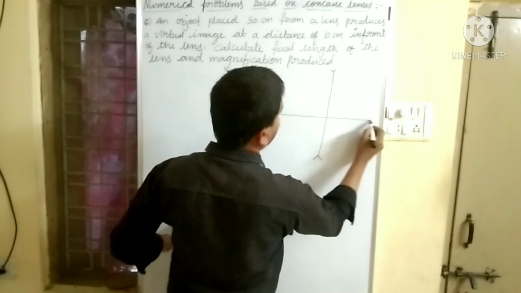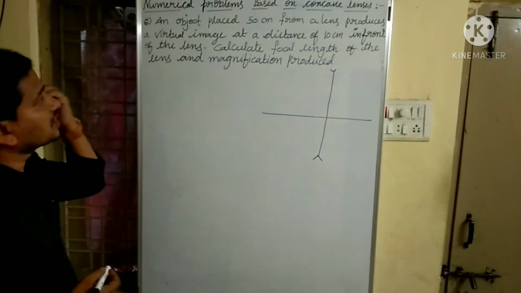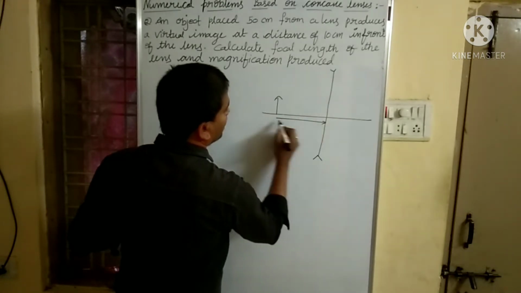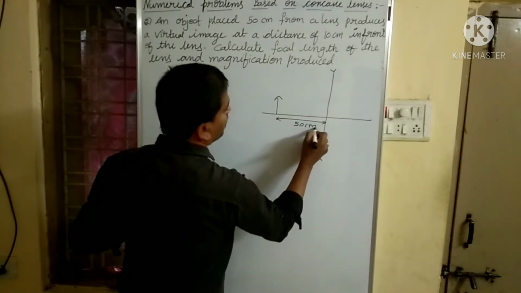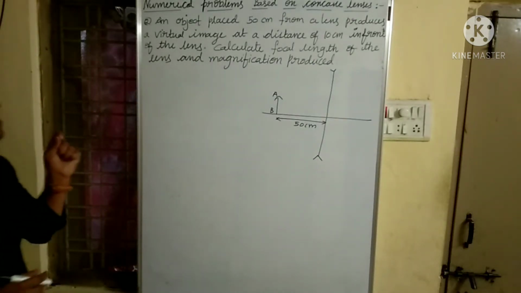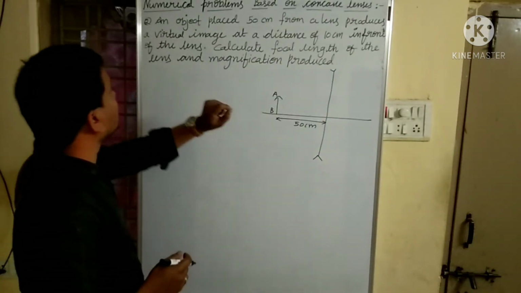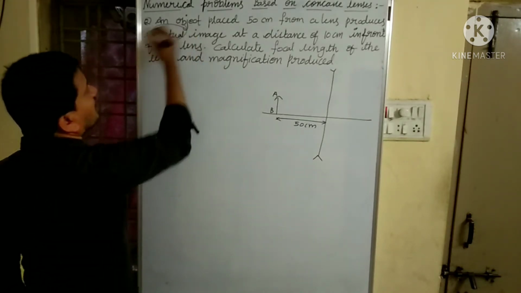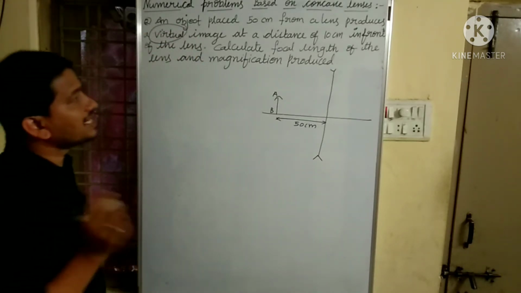An object is placed at a distance of 50 centimeter. So suppose this is an object, we place at a distance of 50 centimeter from a lens, which produces a virtual image at a distance of 10 centimeter.